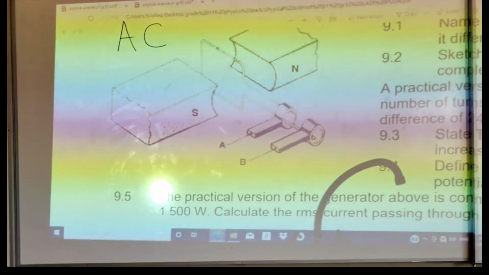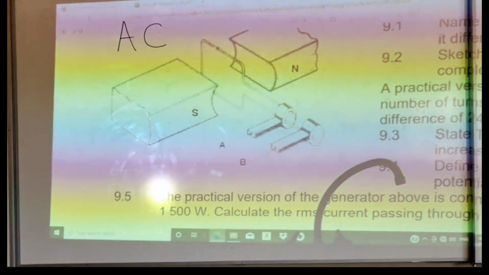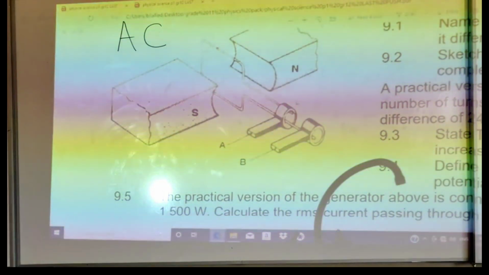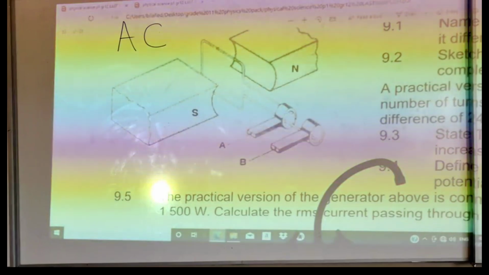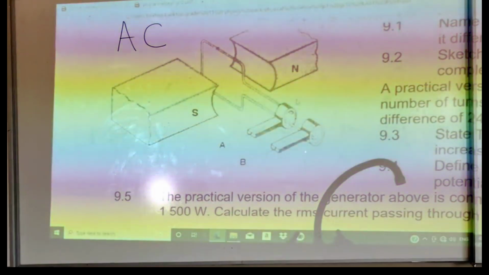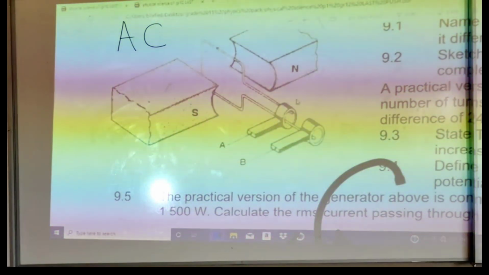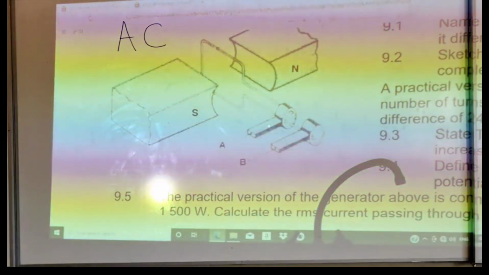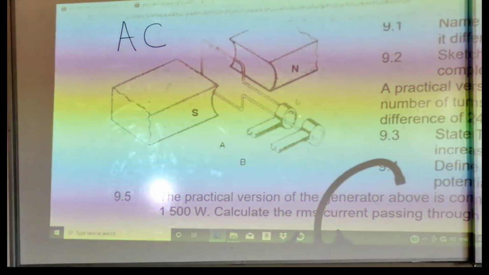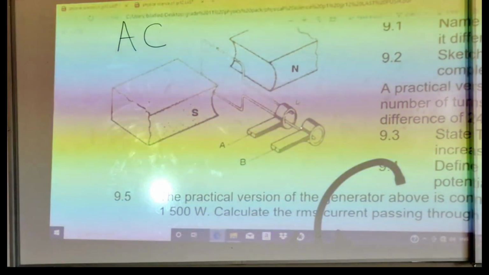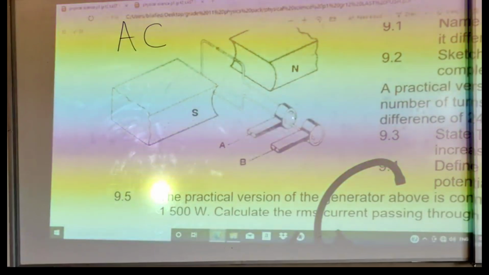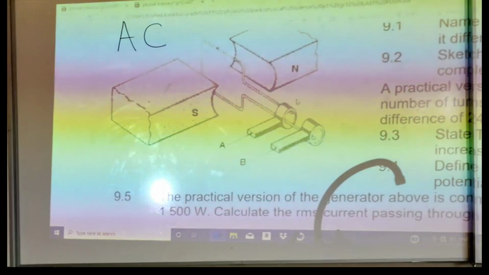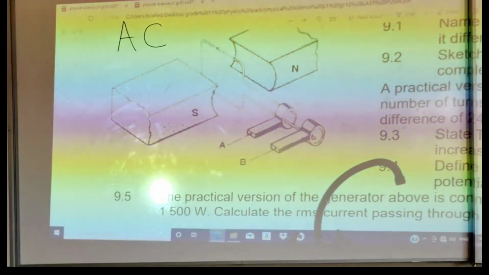So, a split ring has got separation. You'll find that we have got a ring which is split into two. So just know that a slip ring is just a continuous ring. It's a continuous circle with a hole in the center. It is not broken into two parts.